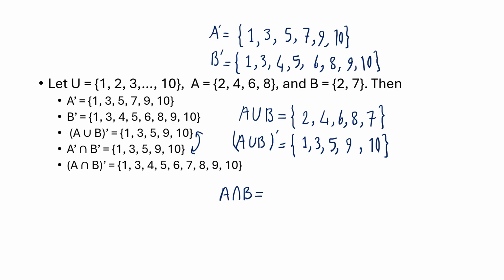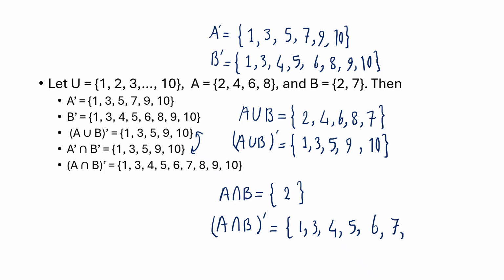What's common between A and B? So they have 2 in common, and that's the only thing that they have in common. So its complement will be everything in the universal set, everything from 1 to 10 except 2. So it will be 1, 3, 4, 5, 6, 7, 8, 9, and 10.